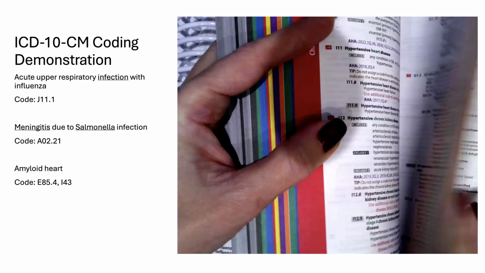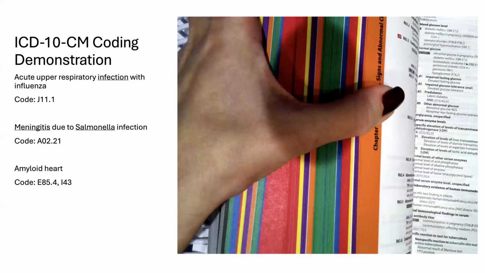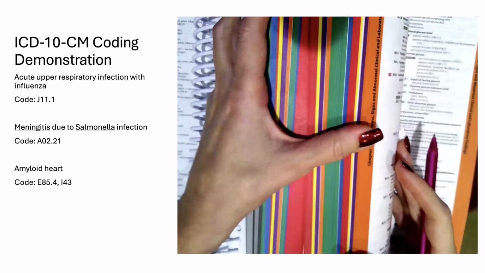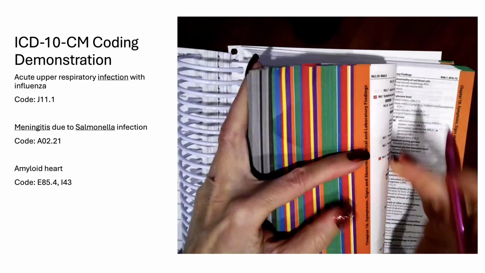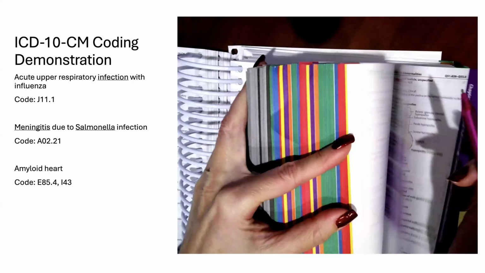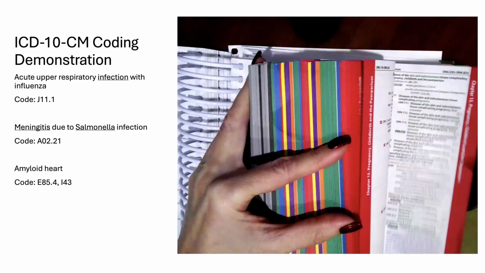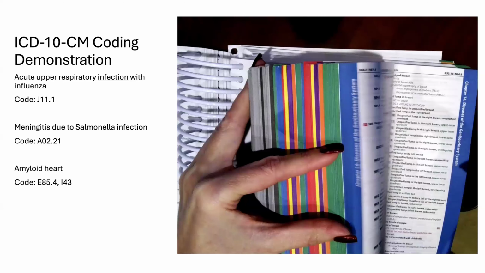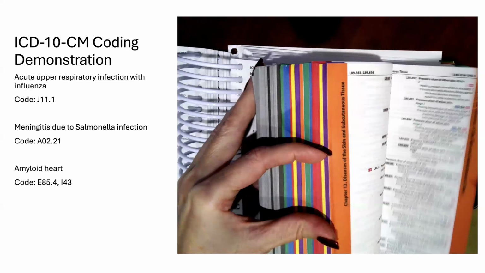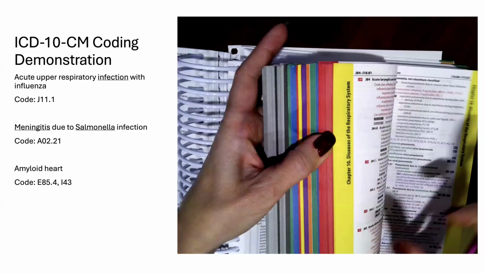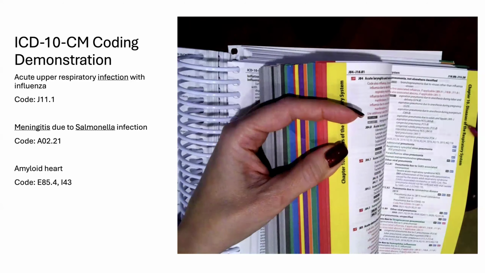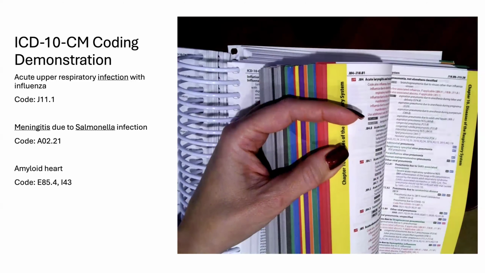Now these chapters are arranged alphabetically by the first character of the chapter. As I flip the pages, you can see up here where the letters are, so I can easily flip, and I'm looking for the J's. Here's my J's. It's going to be all of our yellow pages, and it says chapter 10.